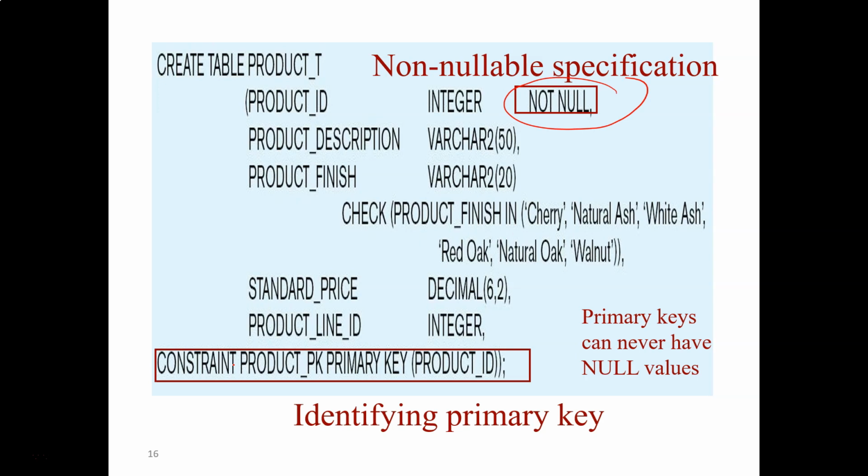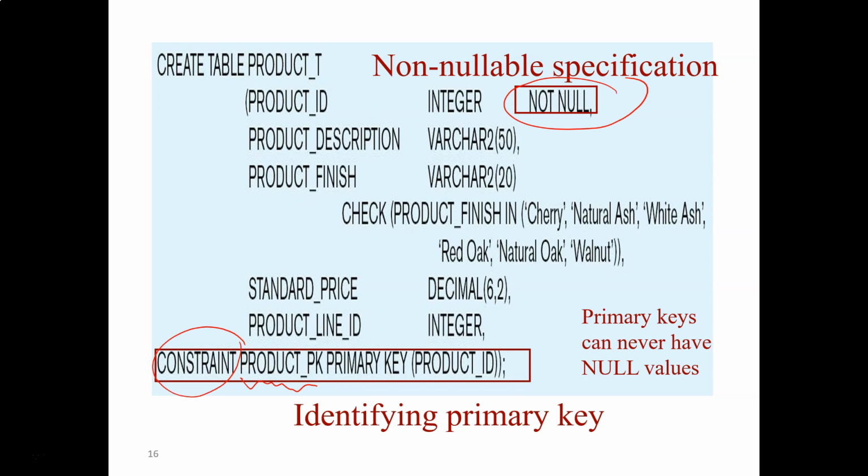At the same time, product ID is the primary key field of the product table because each product should have a unique product ID. Therefore, at the end of the command, we use the keyword constraint followed by a name for the constraint. In this case, we give the name product underscore pk, which stands for primary key, to this constraint.